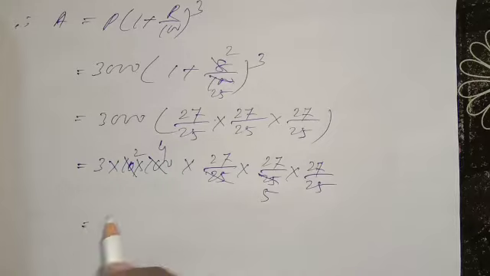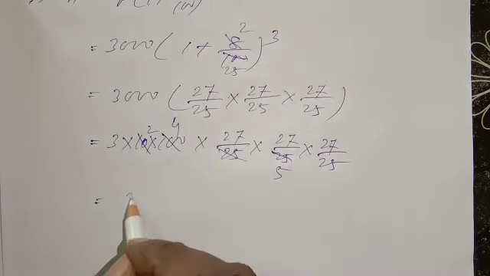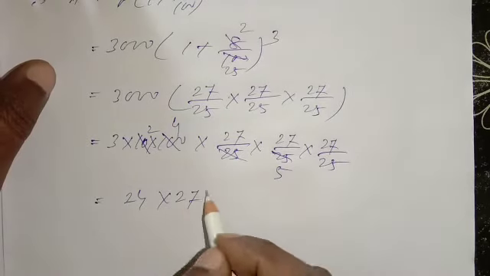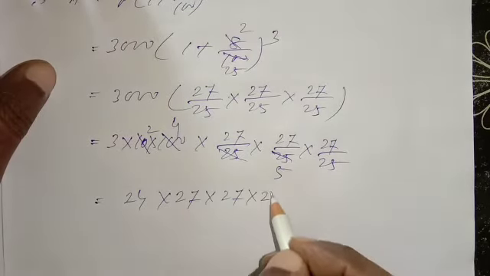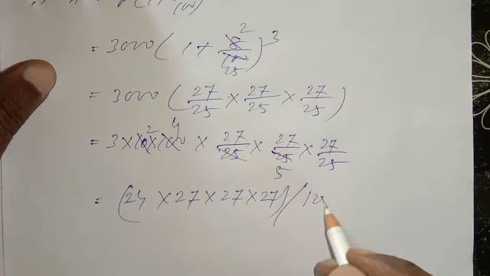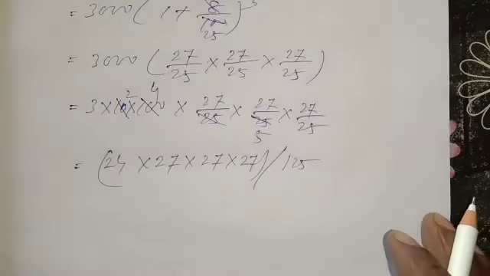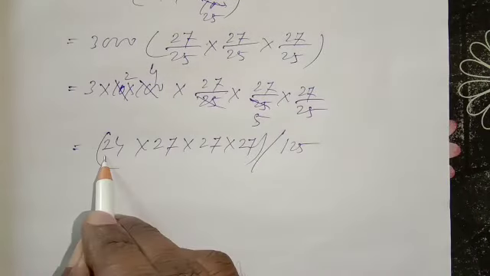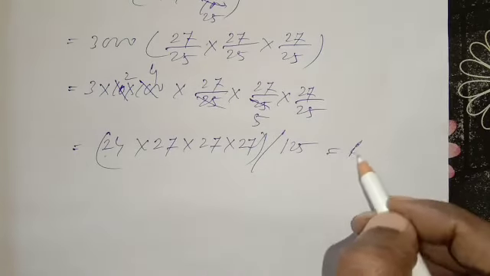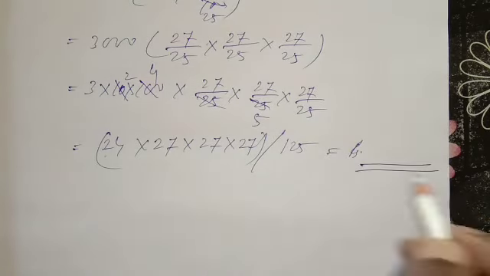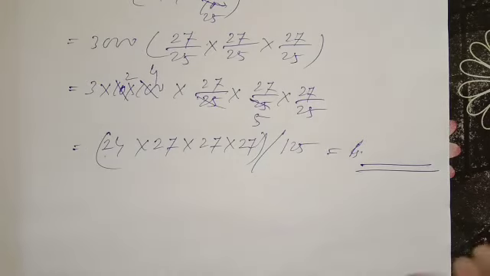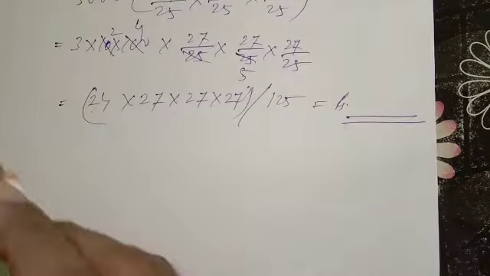Now it is coming 4 to 8, 8 is 24. 24 into 27 into 27 into 27 whole divided by 5 into 25, 125. The calculation I am leaving for you. You have to complete it. Just multiply and divide by 125 and it will give the amount after 3 years. Final amount will be this one. In this way, question number 4 is completed. The calculation part you have to do, I am just showing the process of solving.